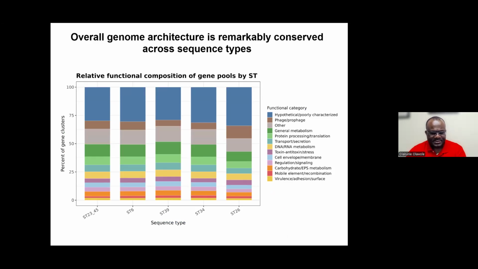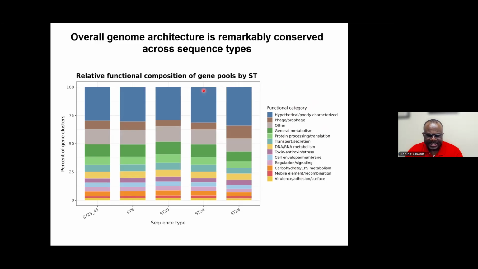Despite representing different evolutionary lineages, the major plum-associated sequence types exhibited remarkably similar overall genome organization. And if you look at it here, all of the STs, all of the sequence types, contain similar proportions of genes, as we found, that range from virulence to mobile to carbohydrate regulation, and all of these are different functional groups.